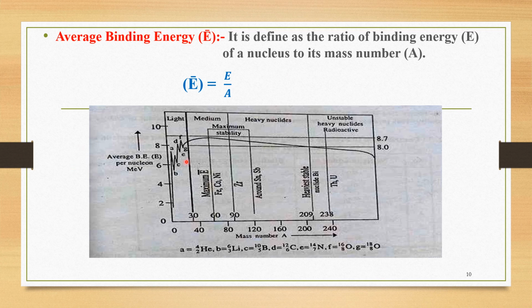So we can say that as the average binding energy per nucleon has a higher value, naturally the stability of the nucleus is more. This is a very important factor for considering the stability of the nuclei.